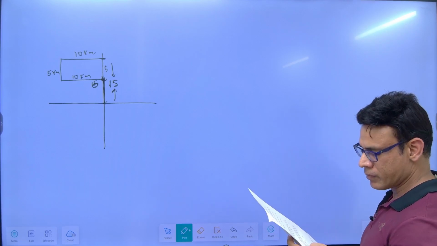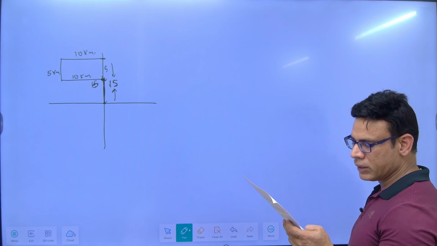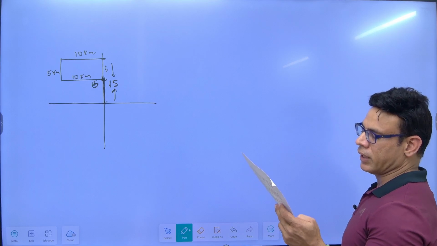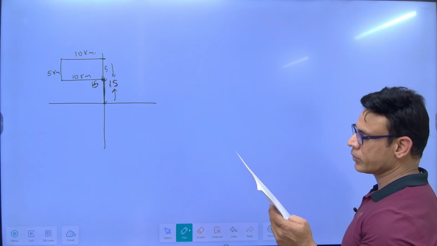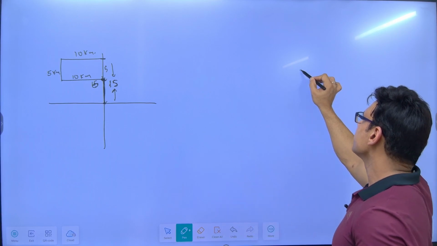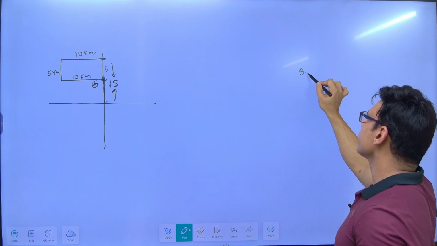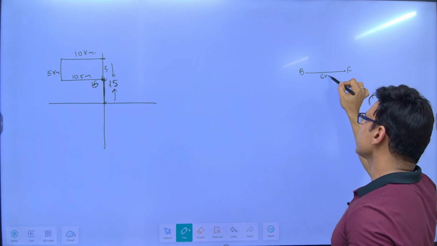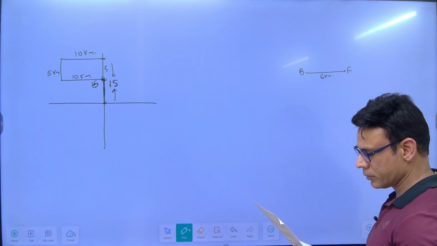Fourth one. A, B, C, D, E, F and G are 7 of us. F is 6 kilometers to the east of B. B, F, and this is 6 kilometers.